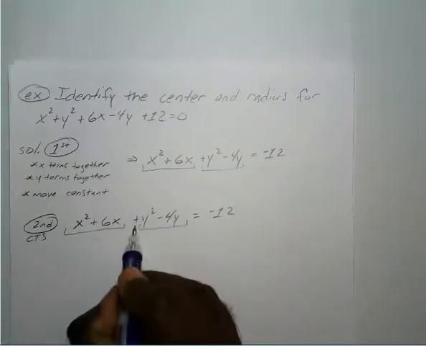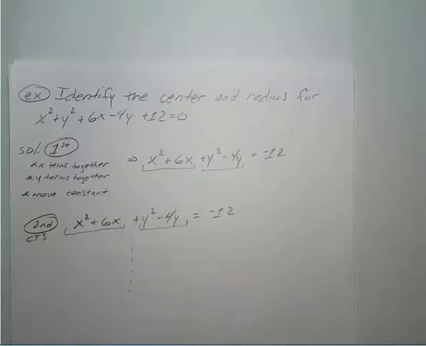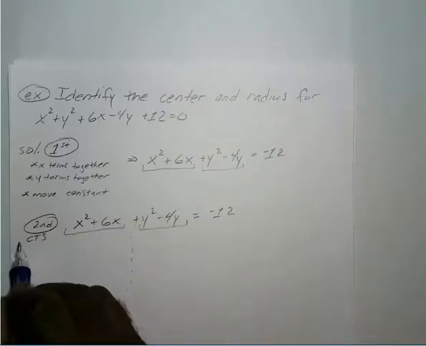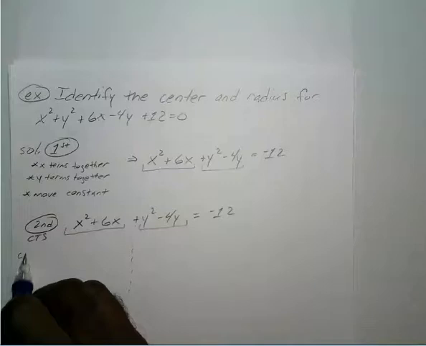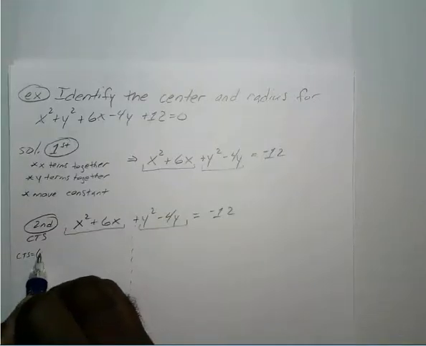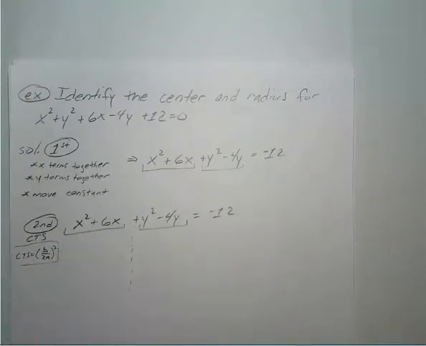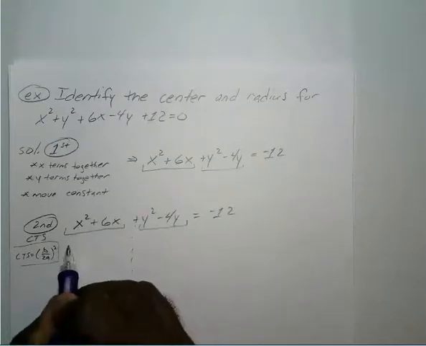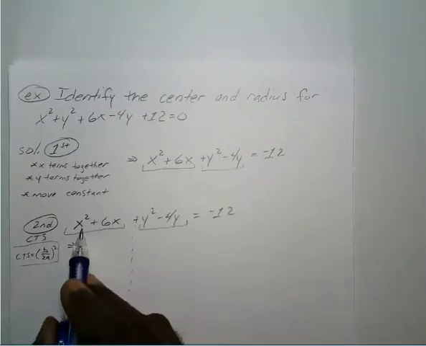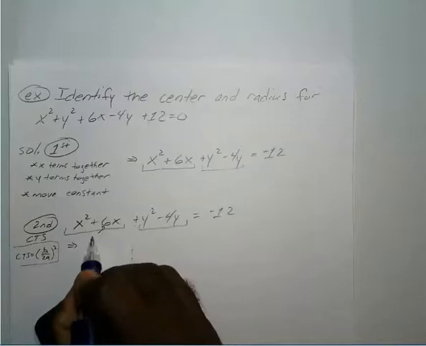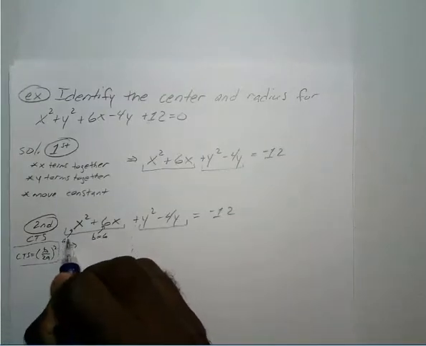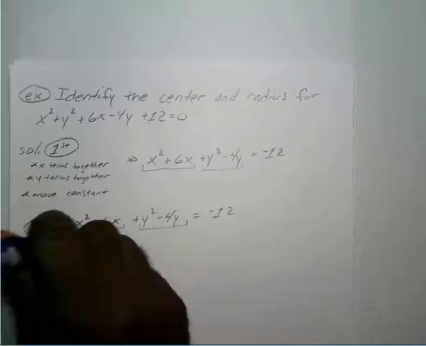Okay, now to complete the square, I'm just going to draw a little dotted line down the middle. Remember, completing the square is b divided by 2a squared, or b divided by 2 squared, considering that a is equal to 1. Okay, so for this completing the square, remember here that b is equal to 6 and a is equal to 1. Move that down just a little bit.